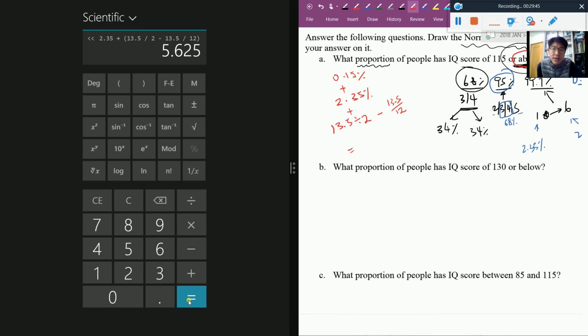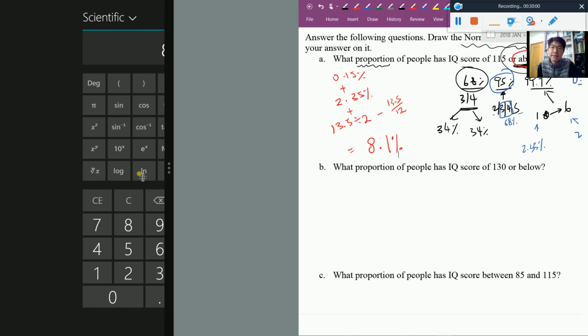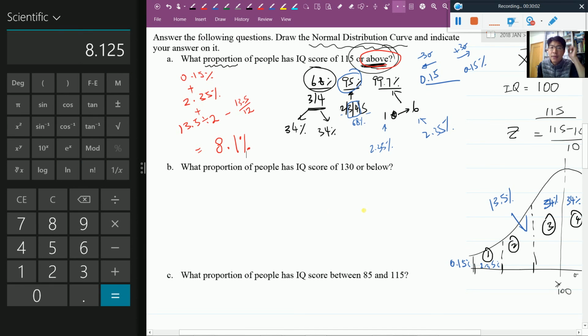Close it. That is about 5.6%. So my estimation would be 8.1%. And that's the answer. 8.1%.